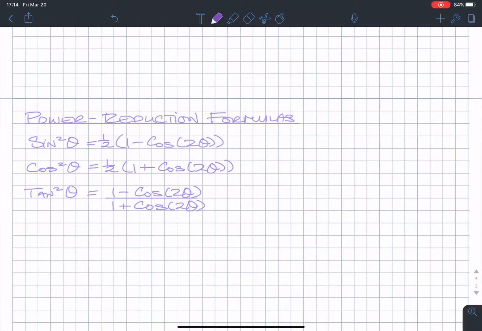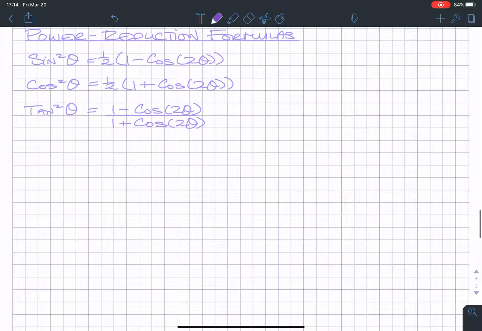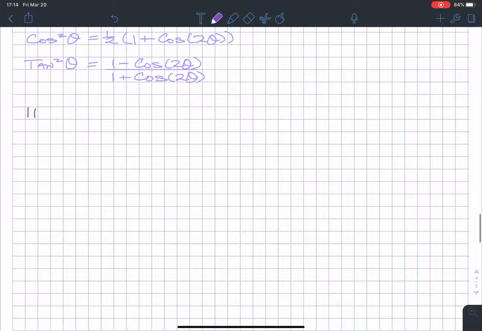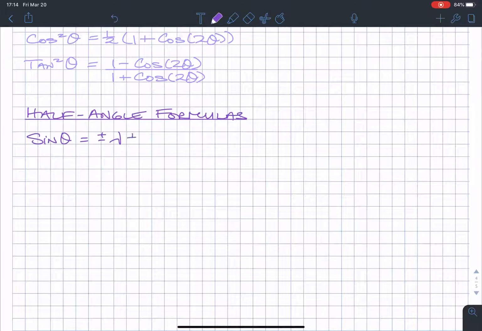And now I will do the half angle formulas, which are derived from the power reduction formulas. Okay, so we have that sine of theta is plus or minus the square root of 1/2 the quantity 1 minus cosine 2 theta.